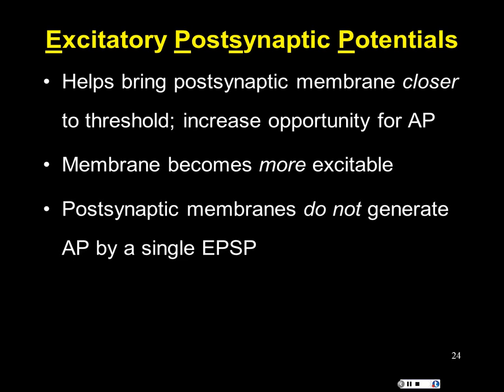I tend to go with minus 55; minus 55 or minus 60 is okay, as long as you're differentiating a graded versus an action potential and you aren't crossing it. Threshold is less negative than rest. It's just your barrier to differentiate between the graded and the action potential.